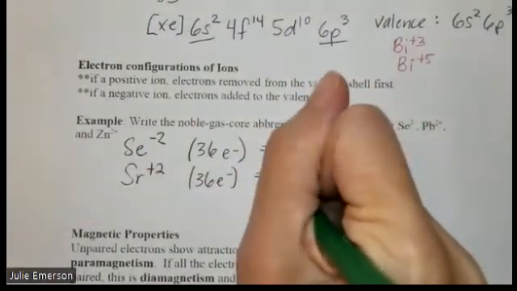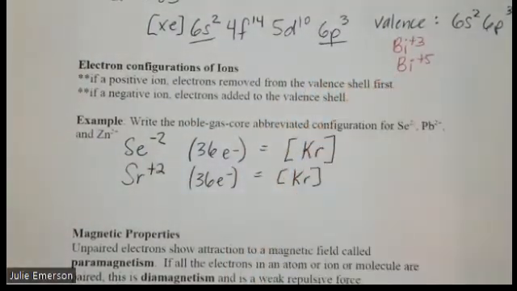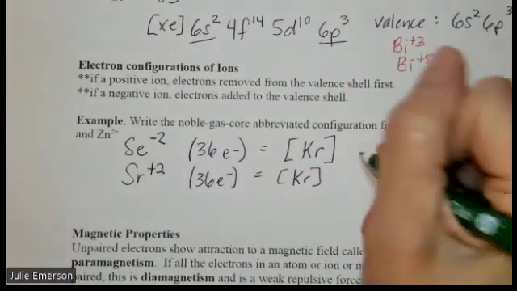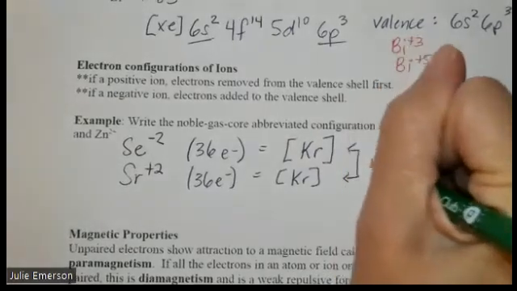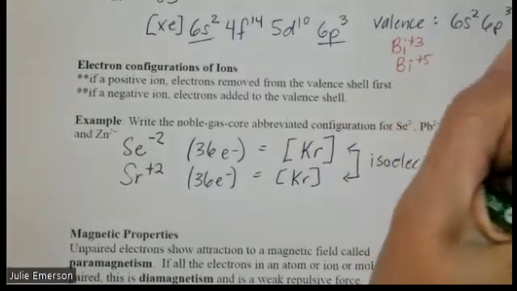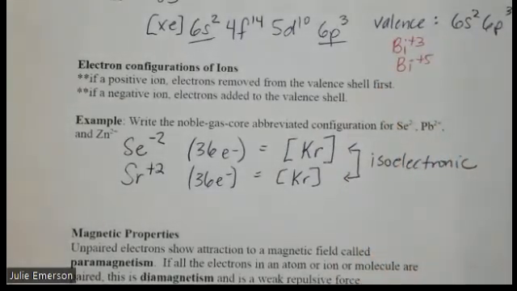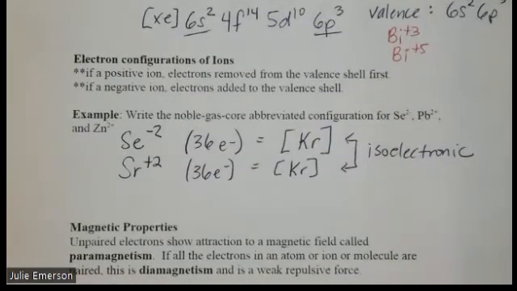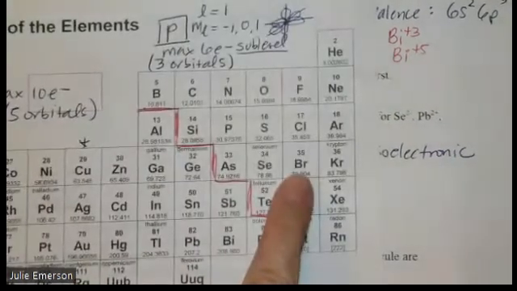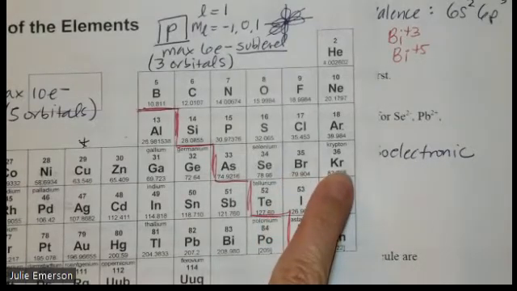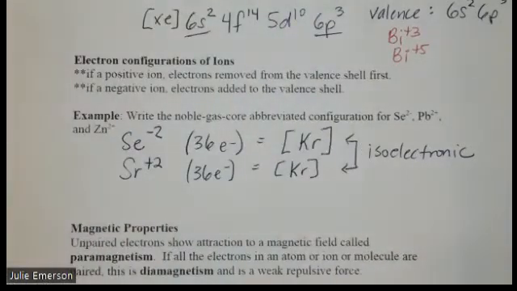And so that means it also matches that electron configuration for krypton. So these 2 ions right here, those are isoelectronic. They have the same electron structure. The selenium ion, the strontium ion. You could also add to that the bromine ion, which is -1, looks like krypton. Those are isoelectronic.